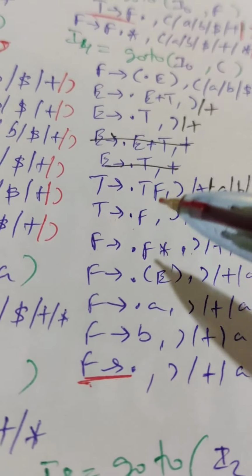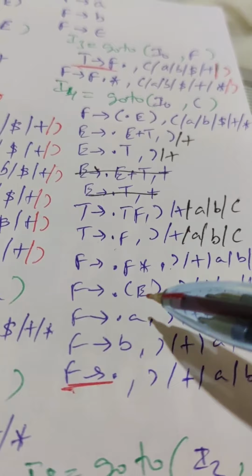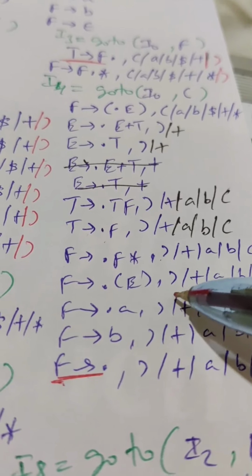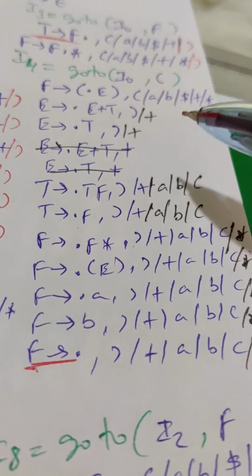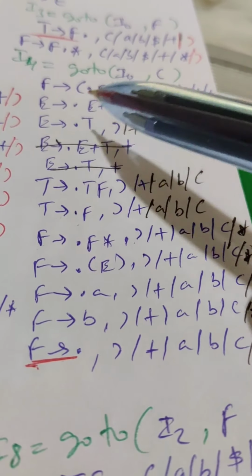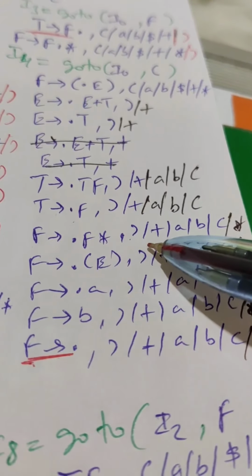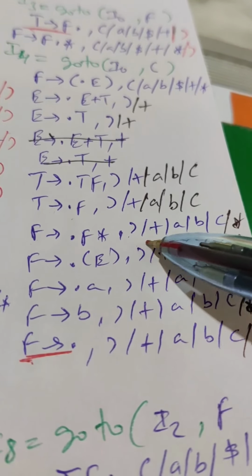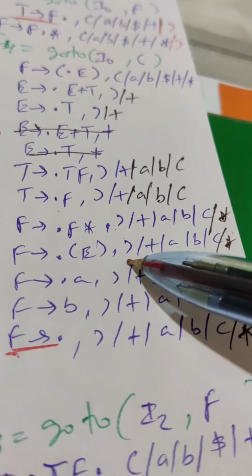So I4 comma opening bracket is going to be F goes to opening bracket dot E closing bracket. It is exactly the same as what we have here, because of dot E, rules of E, because of T, rules of T, etc. Now what do we have here? We got the same lookaheads, except the closing bracket which we have here and don't have there.